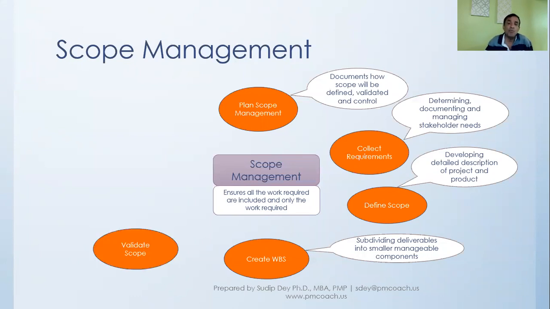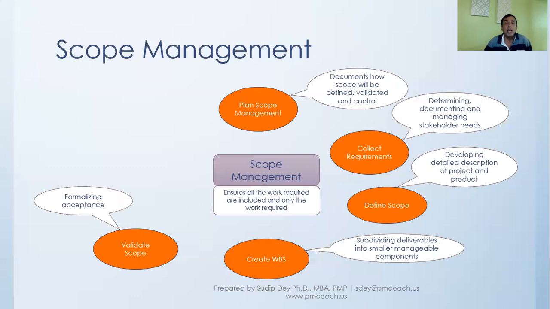Then, once we have done that, all the execution will take place based on the requirements we have found and the work we have identified. After the execution is done, we go through the validate scope process.